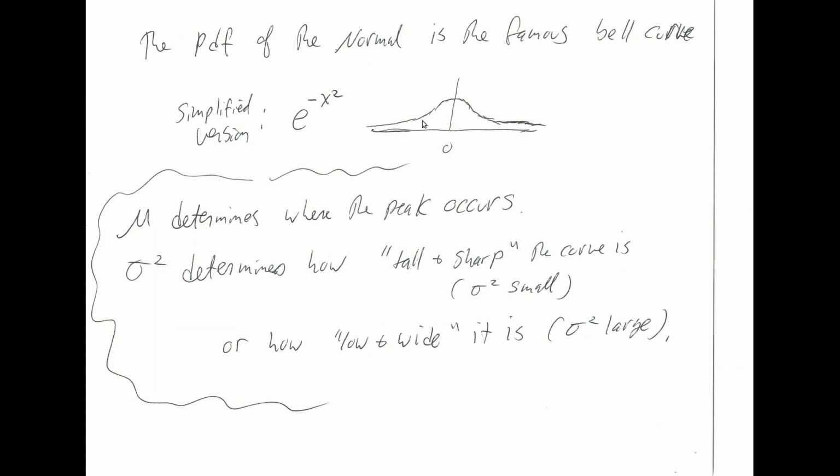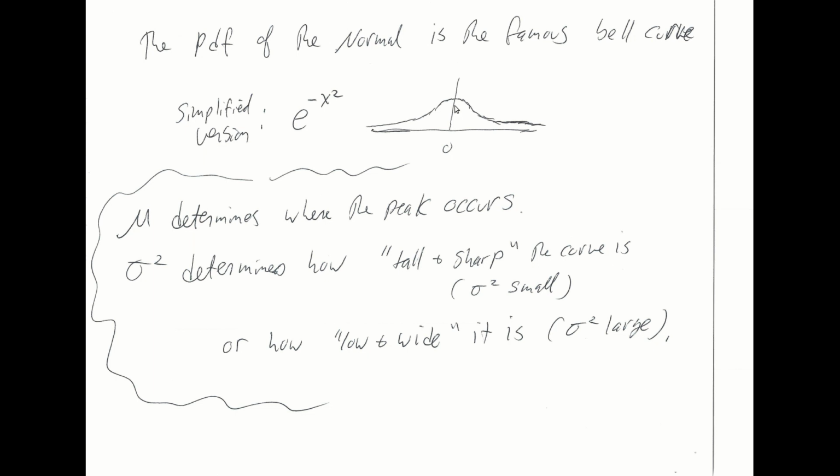What we've drawn here is the standard reference curve. We're going to call this the classic bell curve, or the classic bell curve profile, but there are variations on this theme. Mu is going to shift this curve left and right and determine where the peak of the curve occurs. I've drawn this one here with the peak at 0, which is going to be relevant when we start talking about something called the standard normal.